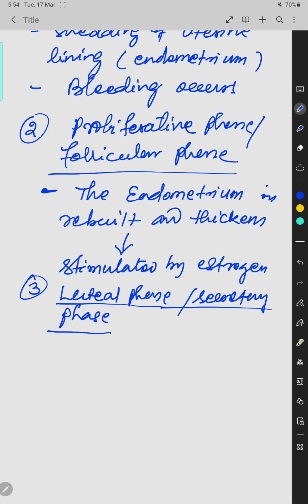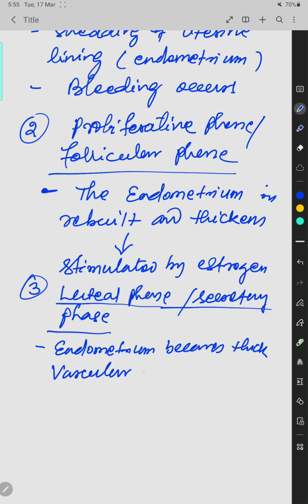Because the endometrium becomes thick and vascular and glandular.